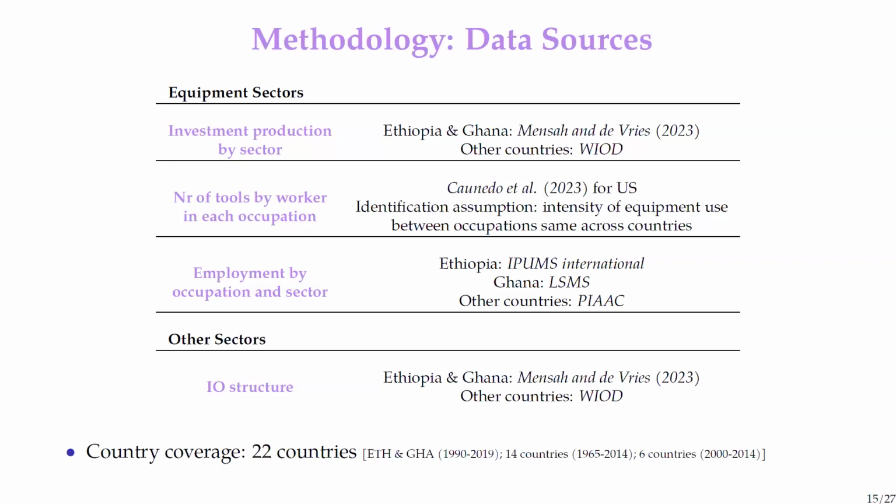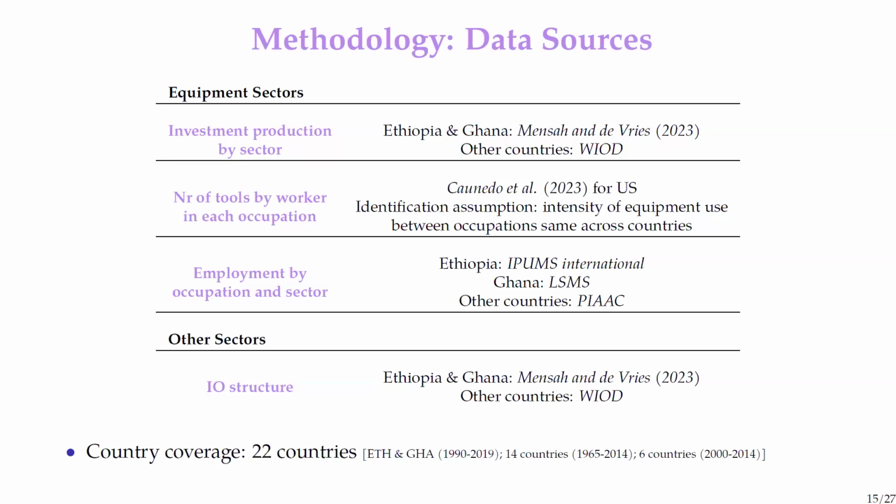We assume that the allocation of investment is proportional to the input-output structure, and we source this input-output from the same sources as the production of investment, so from Mensa and Debris, and from the World Input-Output Database. So what this gives us is investment networks that are estimated for 22 countries, 2 of which are from Sub-Saharan Africa, and again, there are more to come.